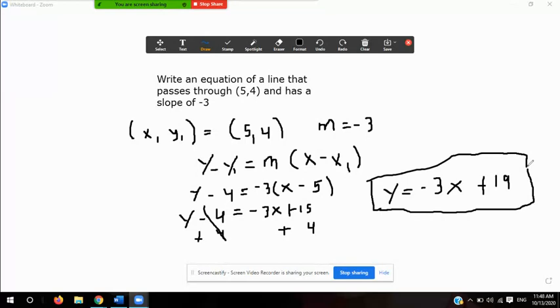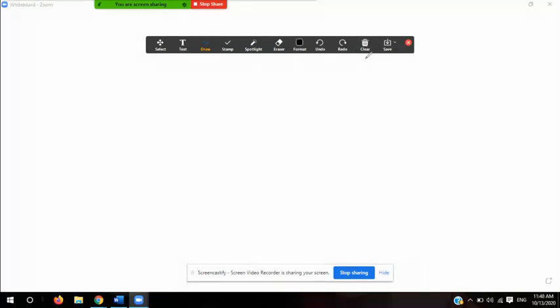Now let's look at example number 3. So example number 3 on page 99 as well is basically telling us how to work with parallel and perpendicular lines. So let me actually write that here.